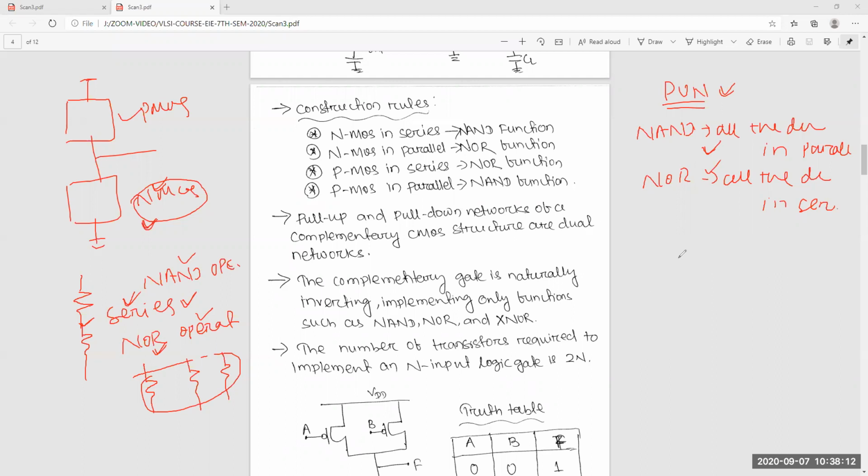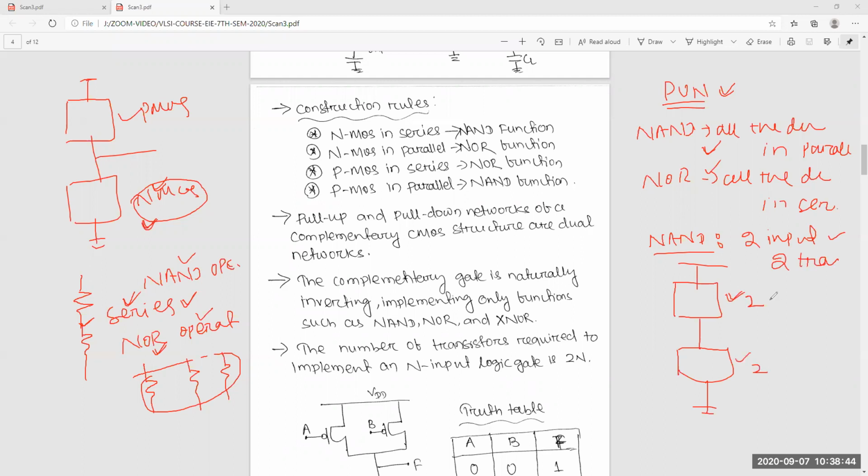So you can see an example. Suppose I say a NAND gate. How will we design this? There are two networks, pull up and pull down. Here it is a two input NAND gate, so two inputs means you need two transistors for each network.